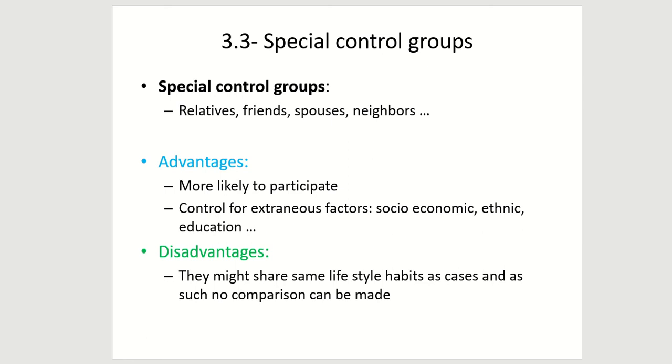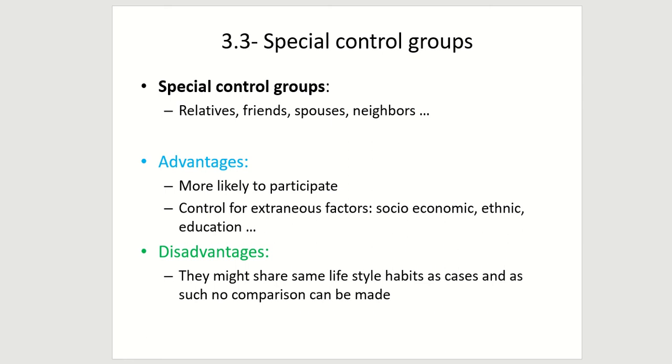The disadvantage is that they might share the same lifestyle habits as the cases, and as such you can no longer compare with regard to a certain outcome. For example, let's say you're looking at their drinking habits.